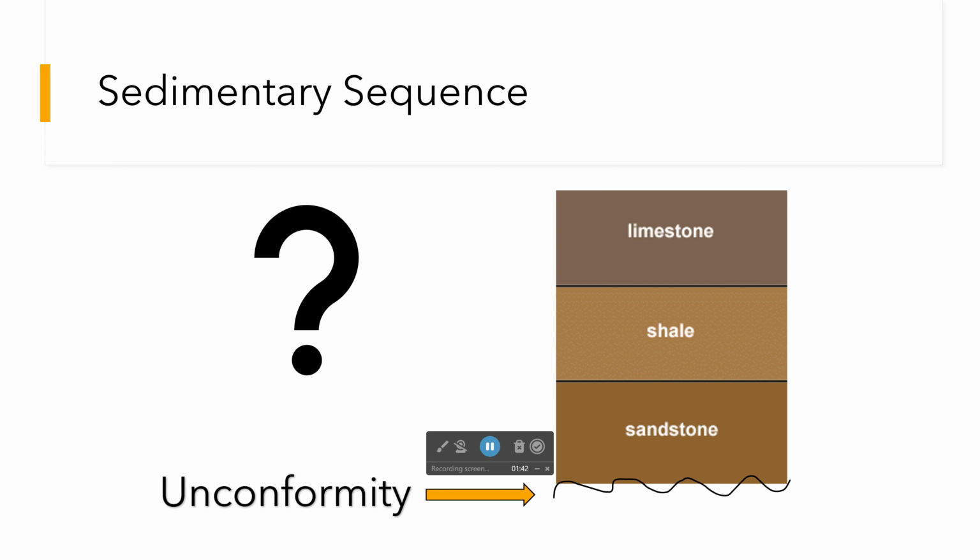In this case, it's representing an erosional surface, which is then overlain by a basal sandstone. We refer to it as a basal sandstone because it's always at the base of the sequence, so very literal here. This sandstone is then overlain by shale, and then on top of that is usually a limestone layer.